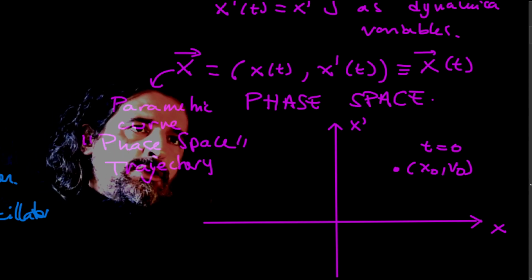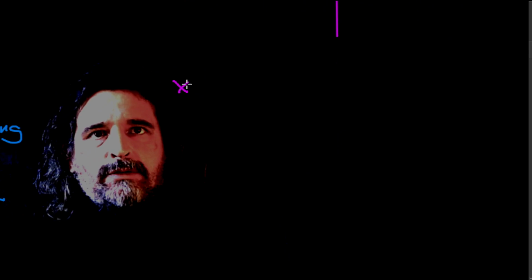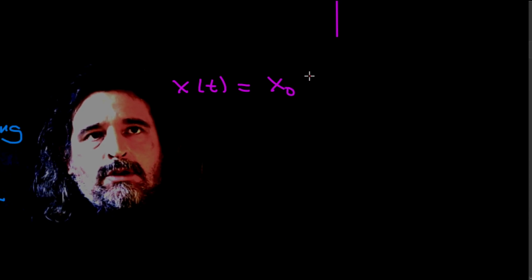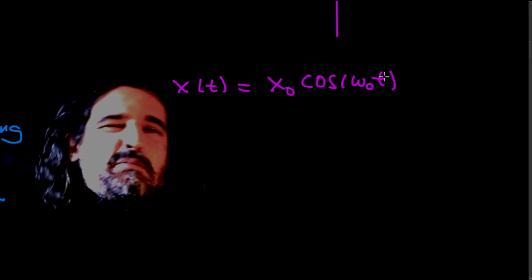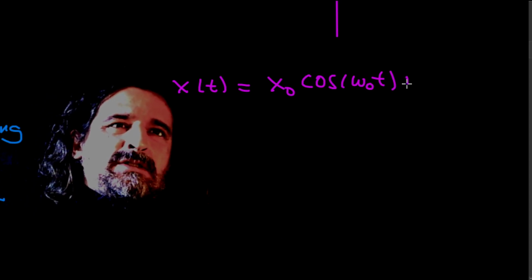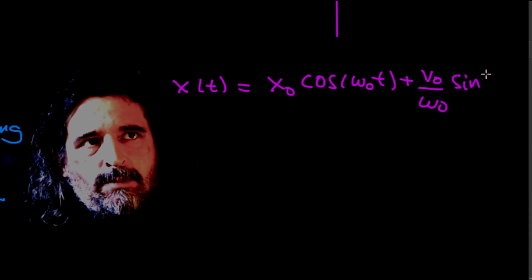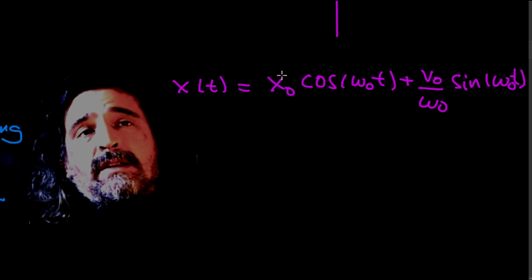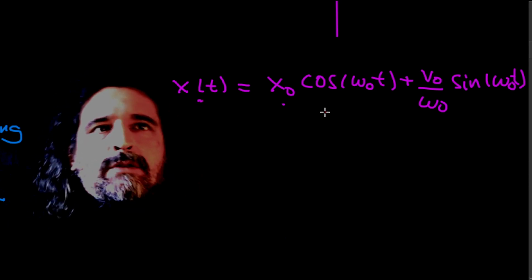So I have my solution. My solution x of t is equal to x naught cosine of omega naught t plus v naught over omega naught sine of omega naught t, according to my brain. Let's check the dimensions. This has dimensions of length. This has dimensions of length.